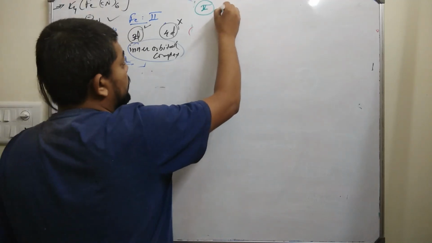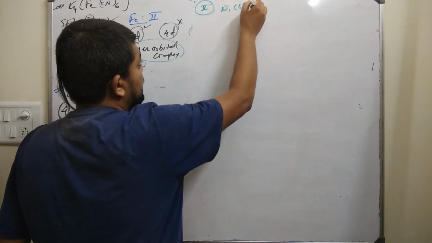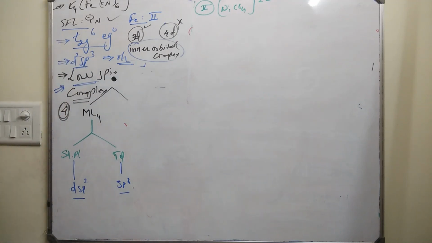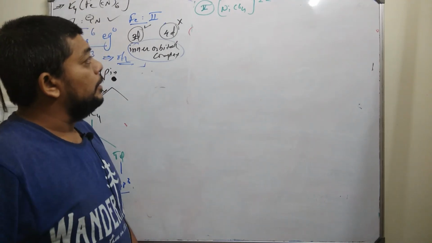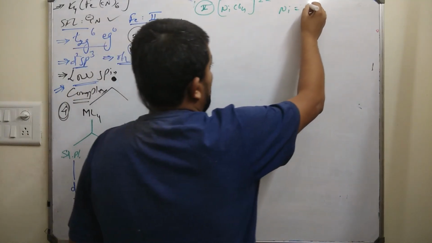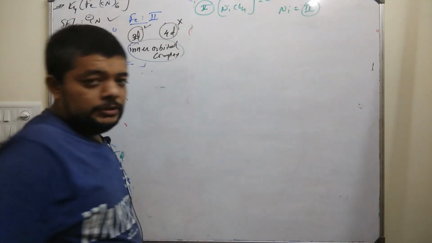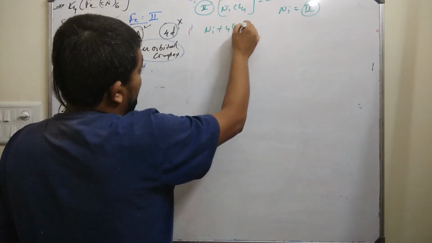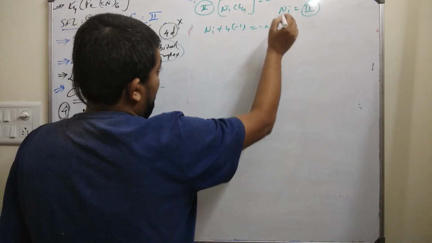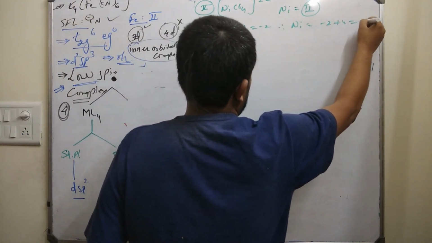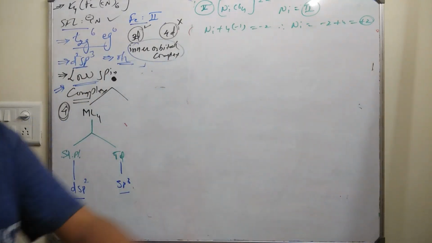I am going to use NiCl4 2-. Whenever I am using NiCl4 2-, Ni is always 2 in its oxidation state. Why? Ni plus 4 into minus 1 is equal to minus 2, so mathematics makes us aware of it being plus 2.